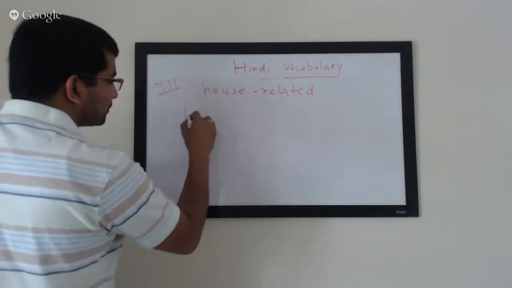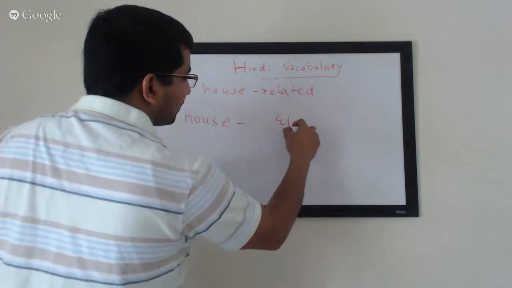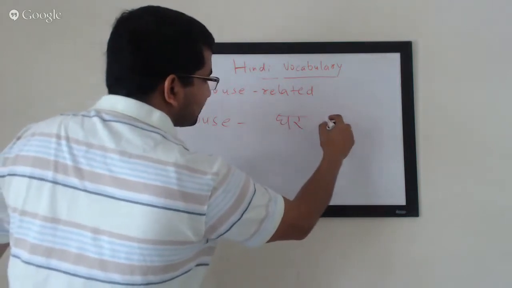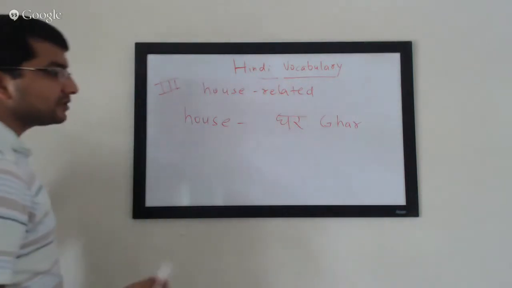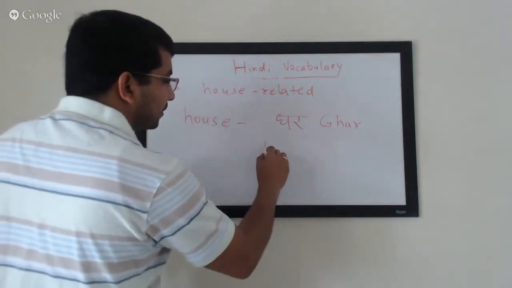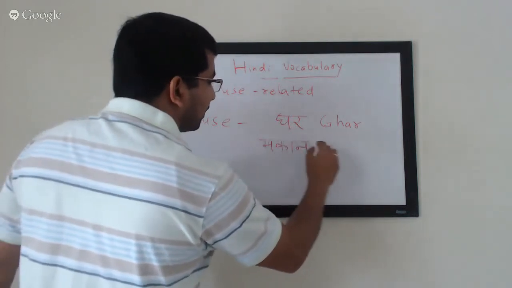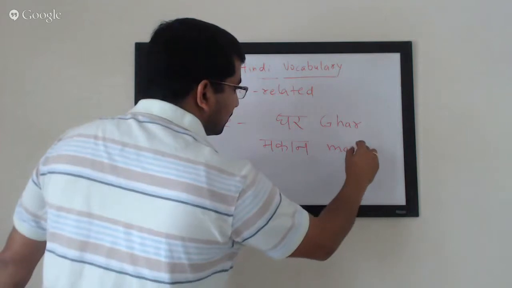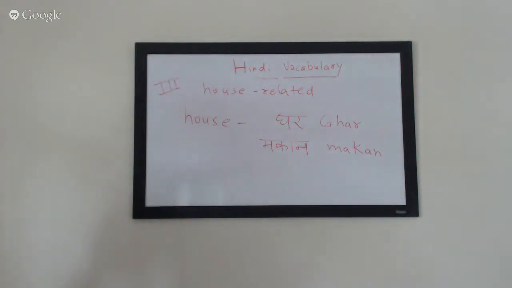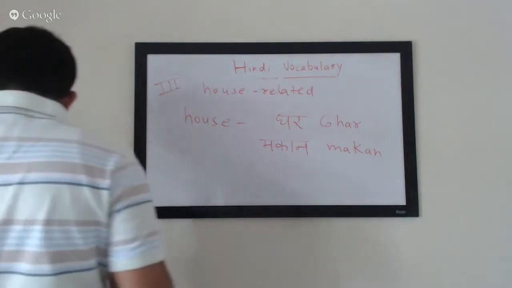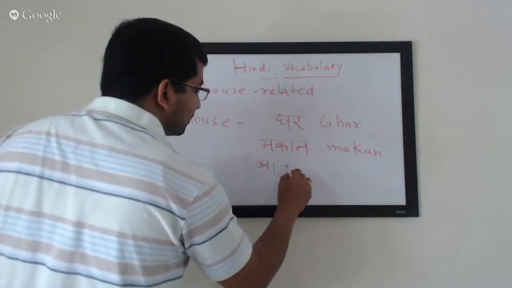The first one is house itself, and they have ghar. House can be known as ghar. It can also be known as makan, right? Or it can also be known as ashiana, which is like an Urdu word.